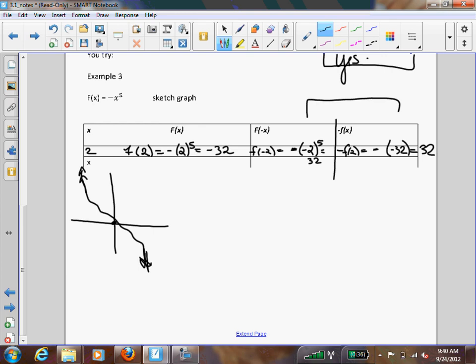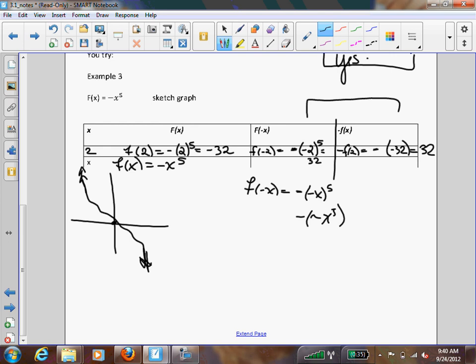So now we're going to do it with f of x. F of x is negative x to the 5th. F of negative x is negative of negative x to the 5th. Order of operation. Am I allowed to combine these two negative signs together? I have to first take negative x to the 5th, right?